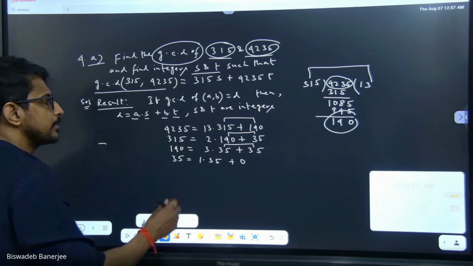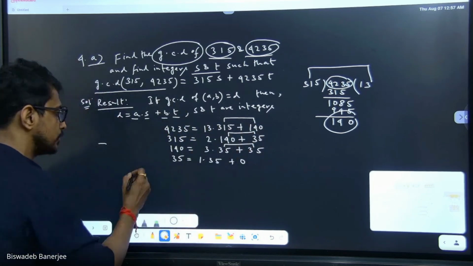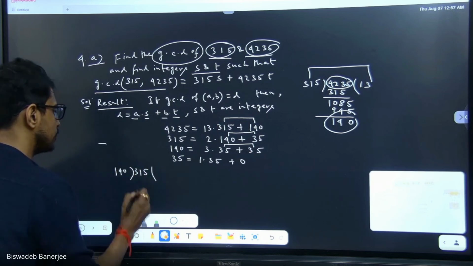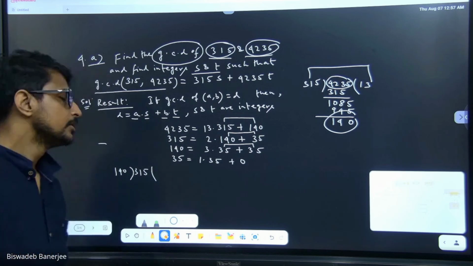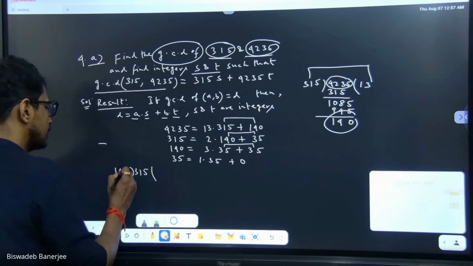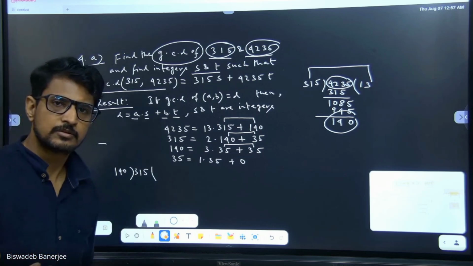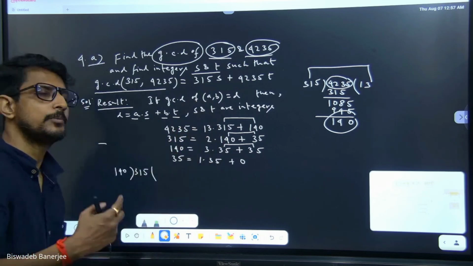Then at the next step, we have to express 315 as a multiple of 140. We have done so many problems like this in our class. If you want to get more solutions like this, you can join the class. These are the common questions that we have discussed in our class.